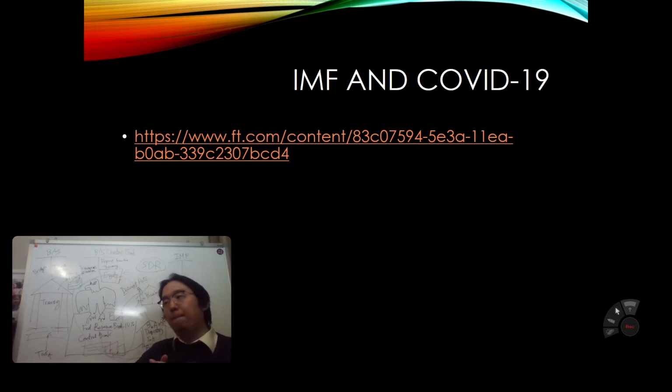So SDR, later you will see this in balance of payment accounting, is going to be treated just like foreign currency reserves. For Korea's balance of payment, for example, you not only have US dollars as currency reserve and gold as a reserve, but also SDR as a reserve. So that's basically the idea about the SDRs.